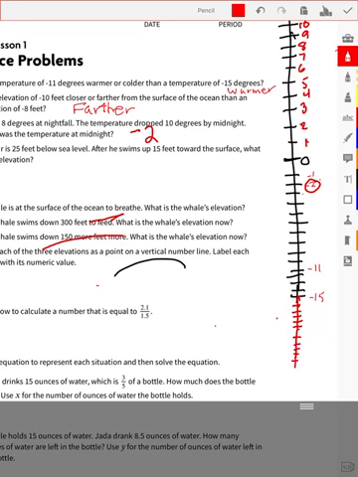So if we're at negative 25, and you go up 10. 1, 2, 3, 4, 5, 6, 7, 8, 9, 10. You're going to be at negative 15. Is that right? Nope, 15. So that's 1, 2, 3, 4, 5. Negative 10.